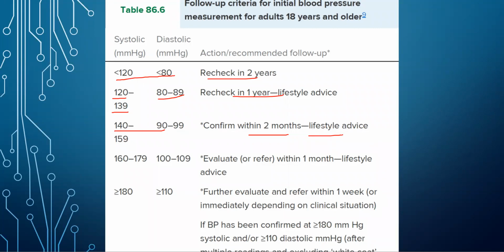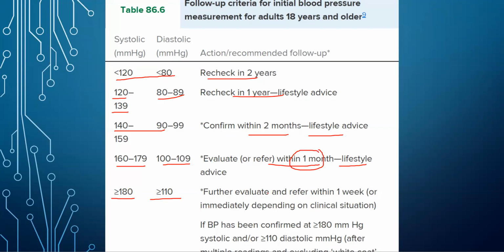No medication is needed initially, okay? If it is grade 2, which is 160 to 179, 100 to 109, evaluate the patient within 1 month again, see is it persistent high blood pressure or not, and also give lifestyle advice. In case it becomes more than 180 or more than 110, you can start treatment immediately.